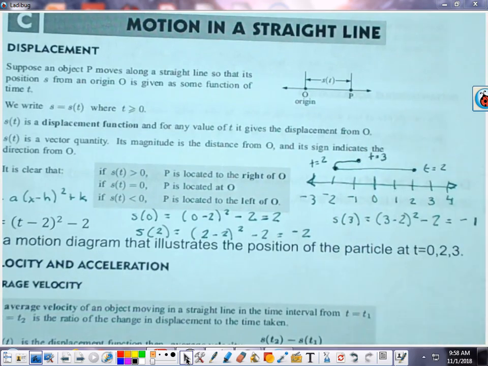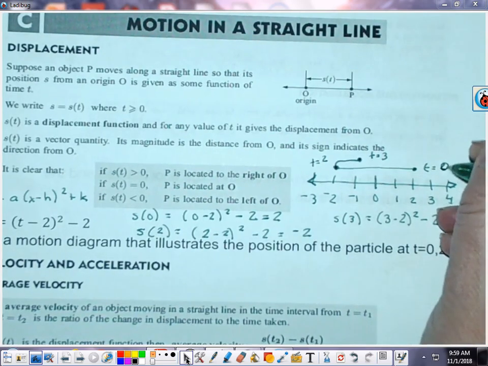So that's called a motion diagram, and we'll be doing that more. But just to give you the idea that the s of t is telling you where you are at a given time, and that's what you use that equation for. Why is the time over 2? Why is the position over negative 2? Yeah, it should be 0.